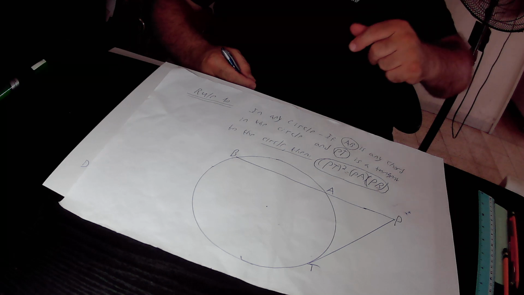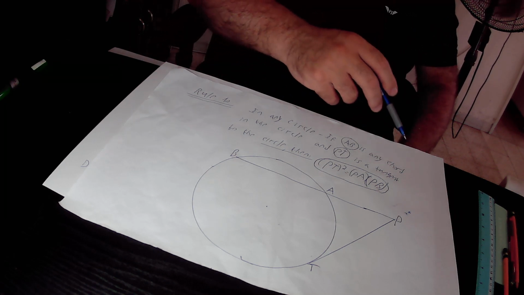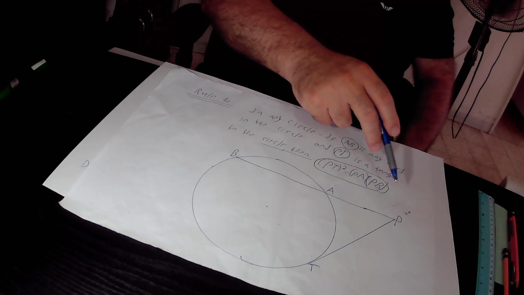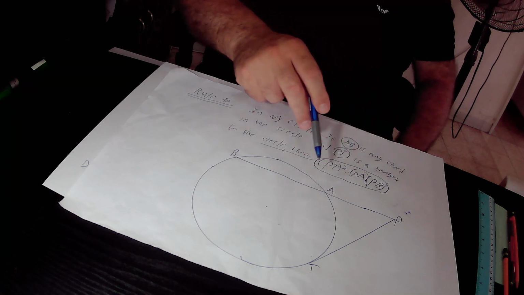So in this drawing the following equation is true, that PT square equals to PA times PB. Again, PT square equals to PA times PB.